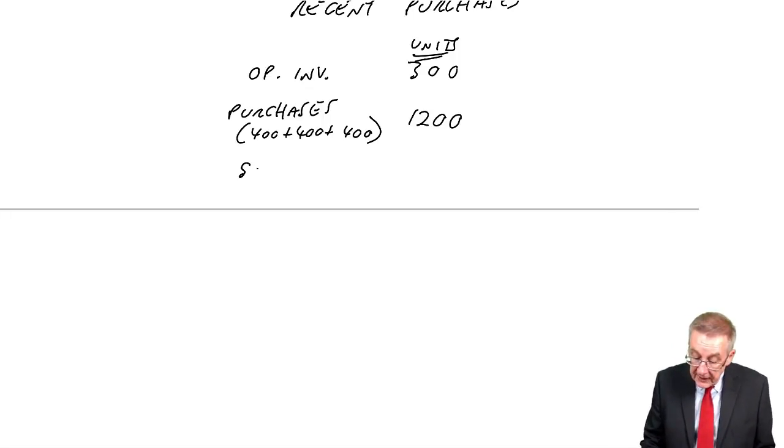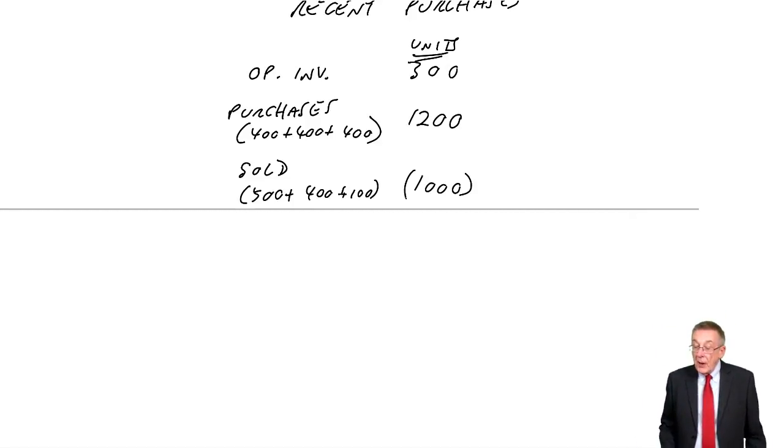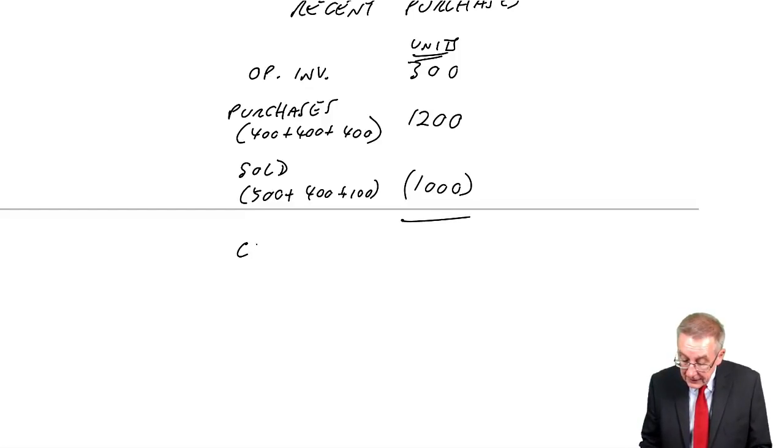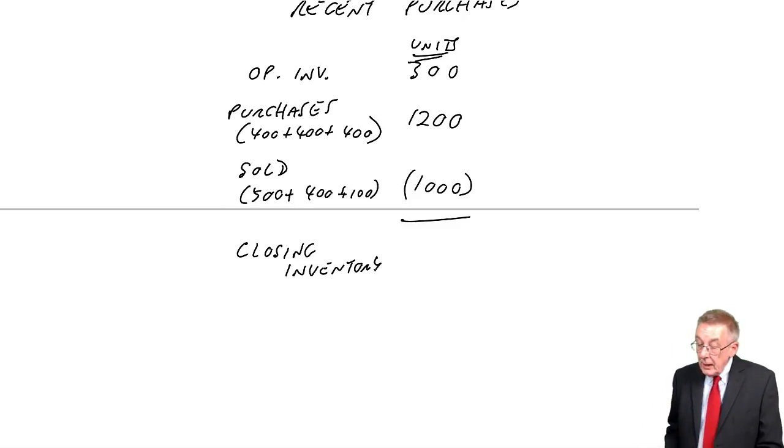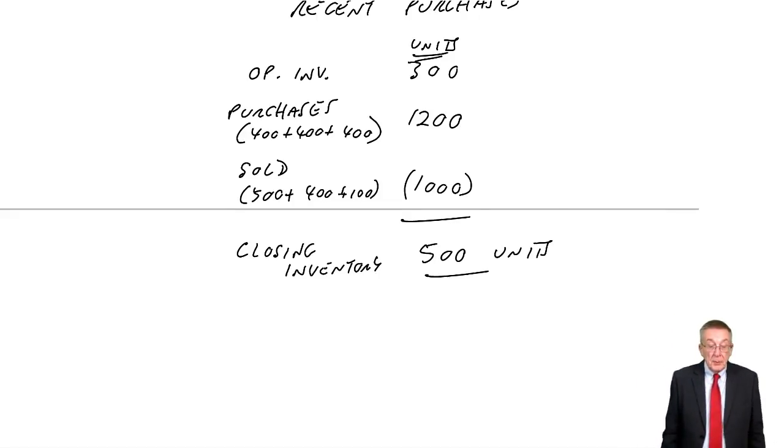But during the month, how many did we sell? Second table, we sold 500, 400, 100. We sold 1,000. And so how many are left at the end? I think 500 units. 300 plus what we bought, less what we sold, with 500 left.